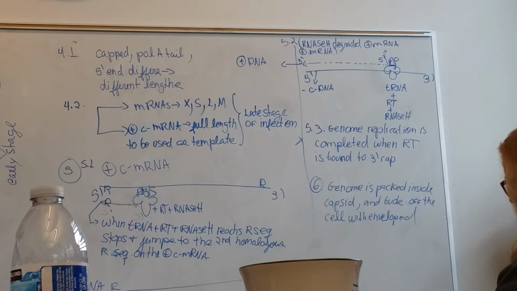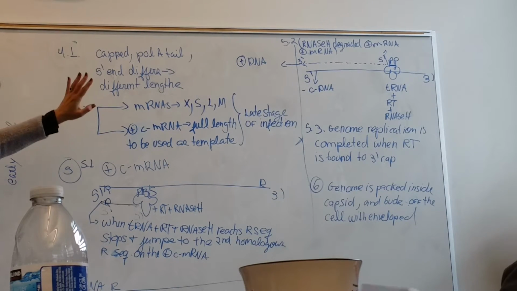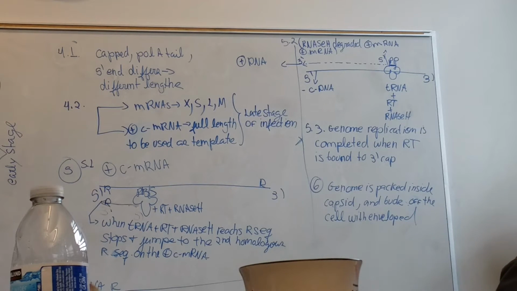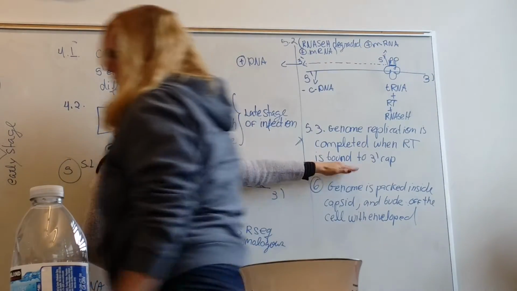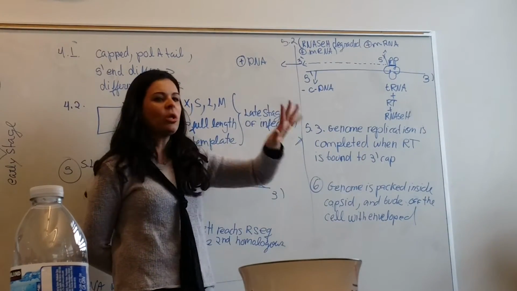But on retroviruses, it's also responsible for the second stop. This hepatitis virus does not do a second stop. It ends there, it receives the signal of the maturation of the capsid, and it stops right there.